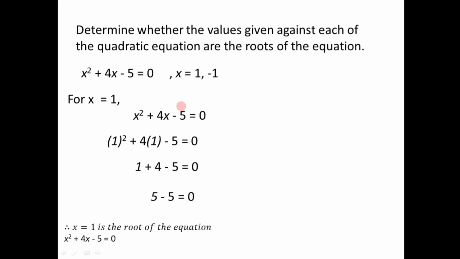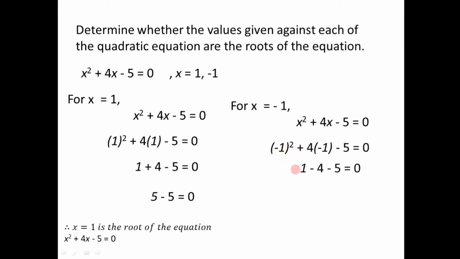In the same way, we have to decide whether x is equal to minus 1 is a root of this equation or not. So for that, let us substitute the variable x by minus 1. For x is equal to minus 1, the given equation x squared plus 4x minus 5 is equal to 0 will become (minus 1) squared, plus 4 into minus 1, minus 5, is equal to 0.